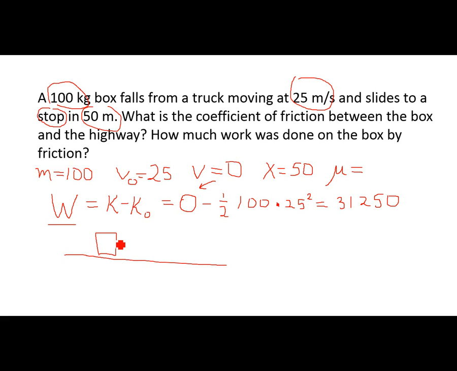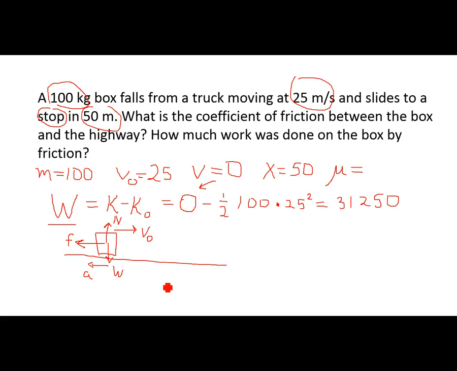So the box is moving this way with a velocity v0. Friction will be acting in that direction, right? So that means we'll get an acceleration in that direction. And we have a normal force and a weight, don't we? N, normal force, weight, W. That's kind of what our picture would look like.